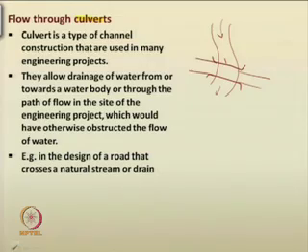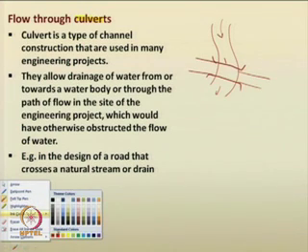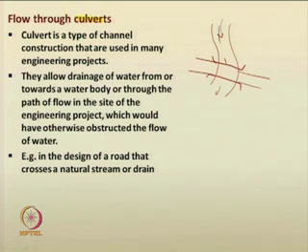If you would not provide a culvert, the engineering project will absolutely block the natural drainage path. Say, this is the natural drainage path of water here. If you build a road along this direction through an embankment, this would have completely blocked it.